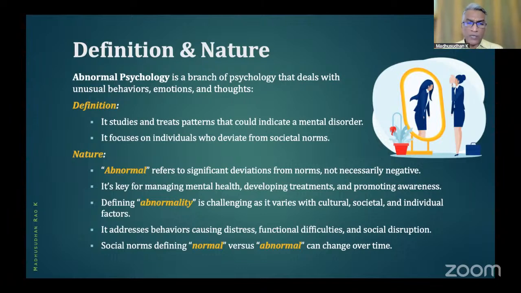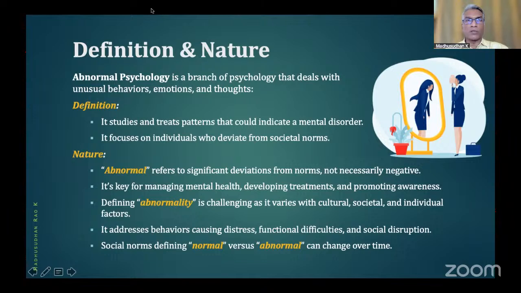It addresses behaviors causing distress, functional difficulties, and social disruptions. Social norms define normal versus abnormal. Social norms, as I told you, whatever is right for you may not be right for another country or culture. Okay.